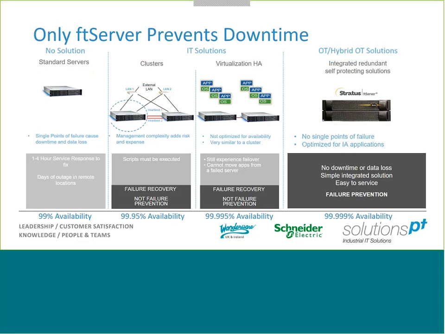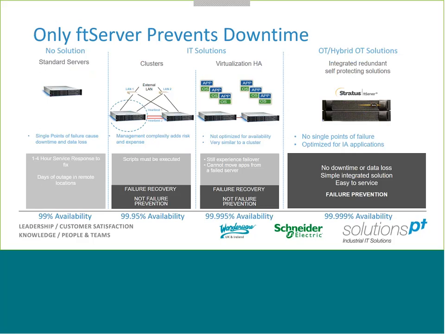So typically an engineer would come along, install the replacement parts or bring out a new machine to get you back up and running. But in remote locations, that can be quite difficult and time-consuming. So we'd call that 99% availability.